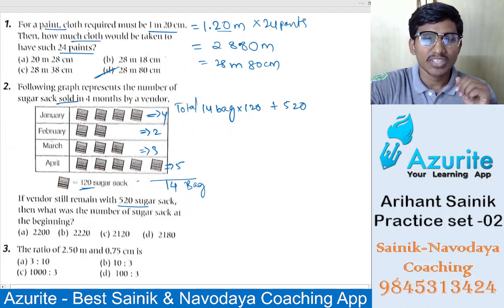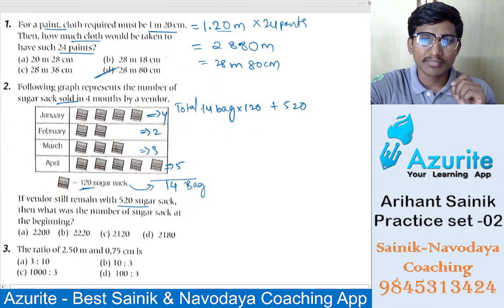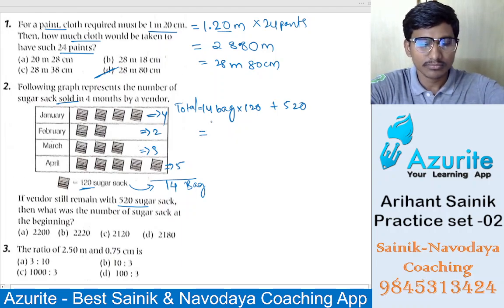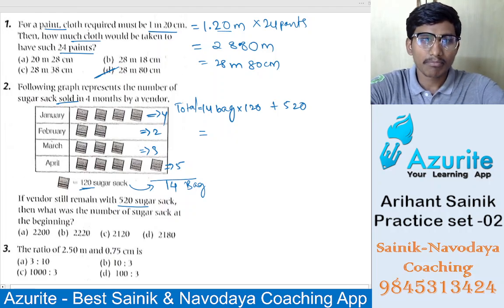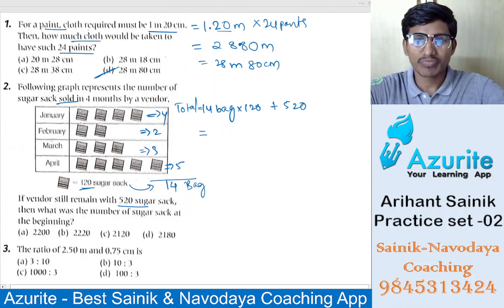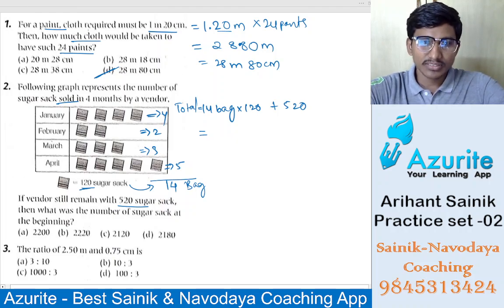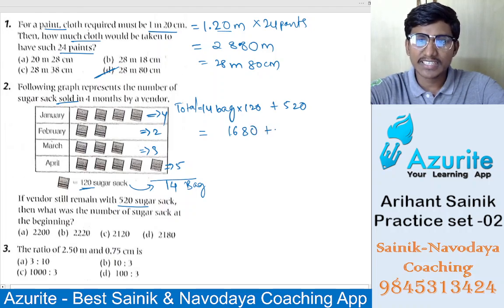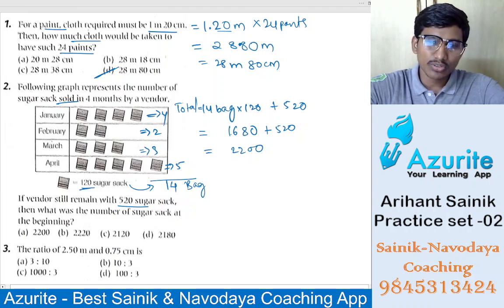If you multiply, what will be the answer? 14 twelves are how much? 168, and then 0 here, so 1680. 1680 plus 520, if you do it, will be 2200. So 2200 is option A.